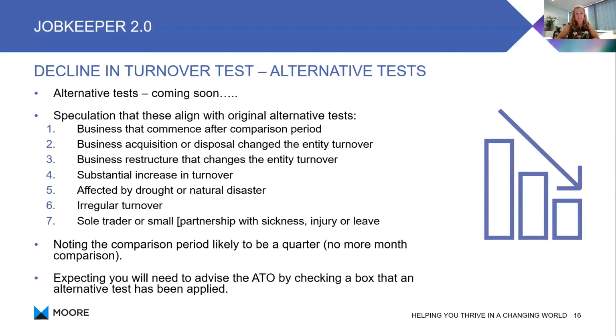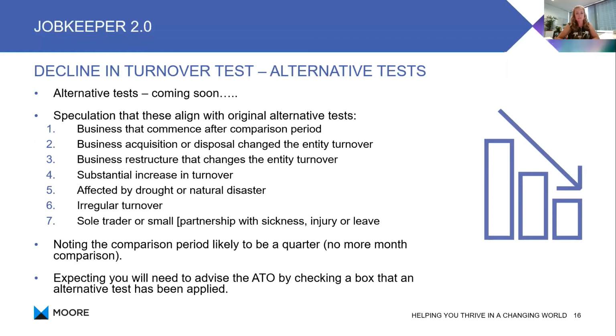Now, the alternate tests, they say they're coming soon, but it looks like from a press release or some information from one of the deputy commissioners from the ATO, that these are going to be the original alternate tests. And what does this do?